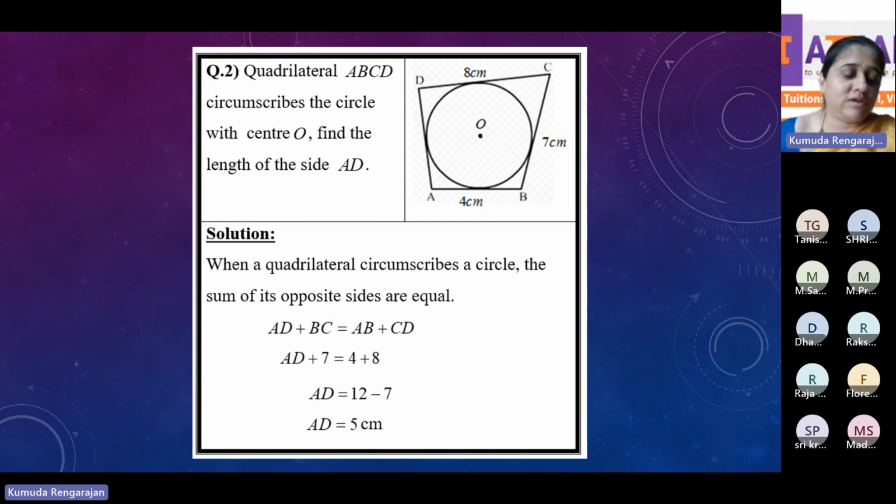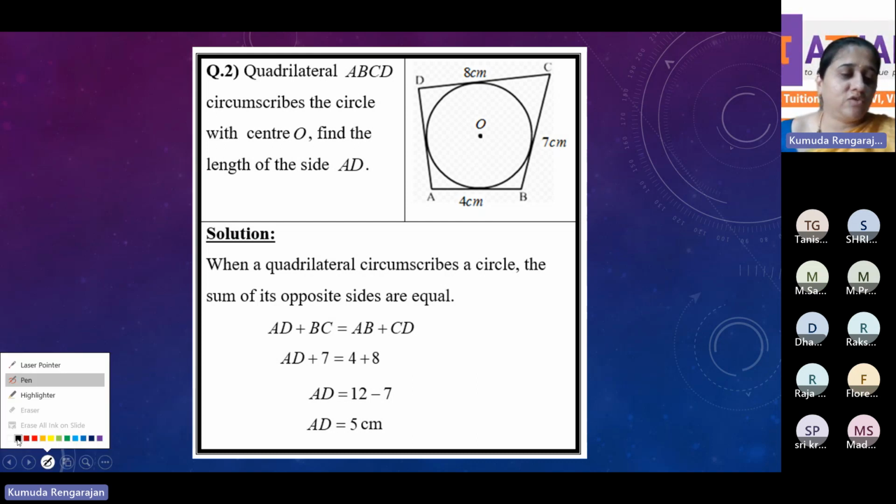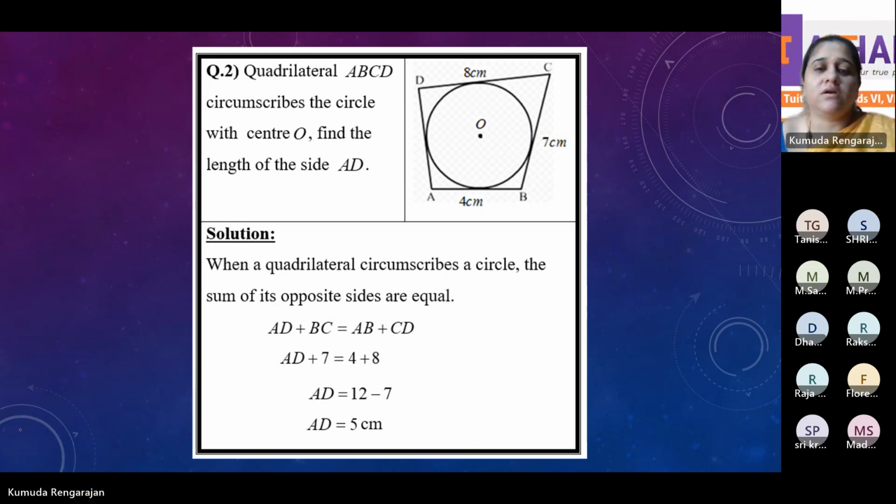So the result is, look at the figure, it should be like this. A quadrilateral, a circle inside the quadrilateral touching all the four sides of the quadrilateral.